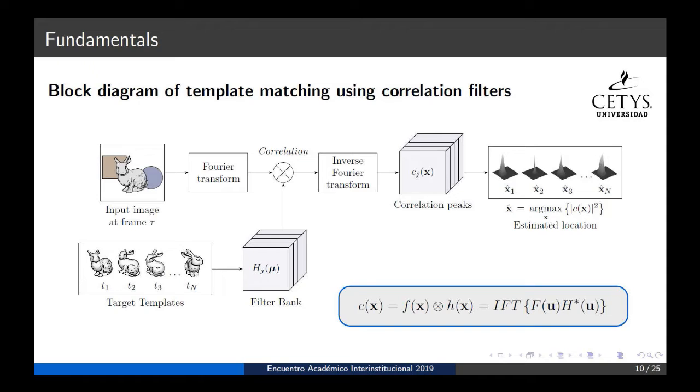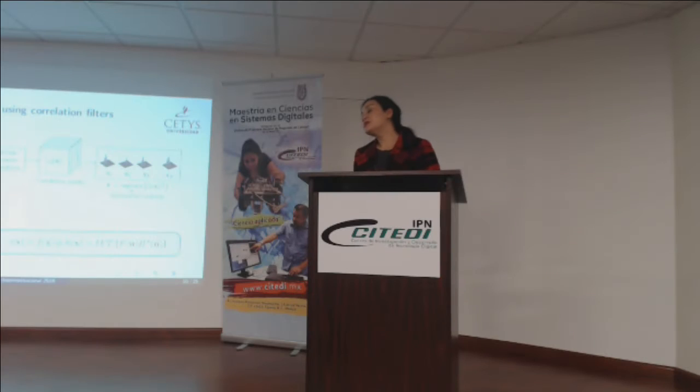In the frequency domain, we build a filter bank, and the correlation peaks are the measure of how related both signals are.